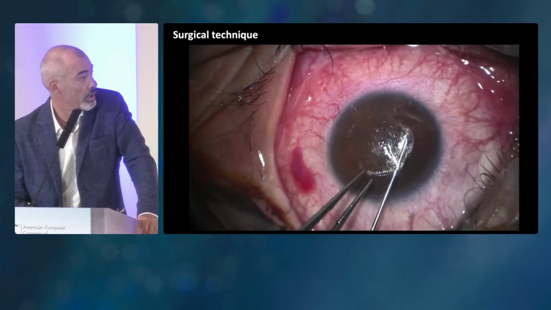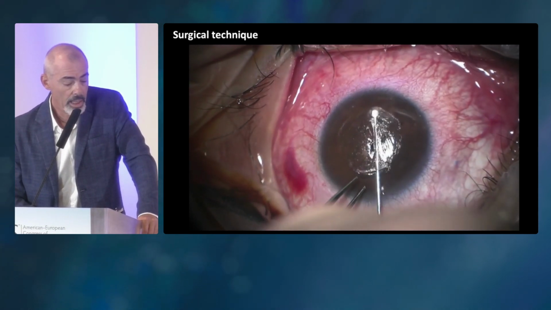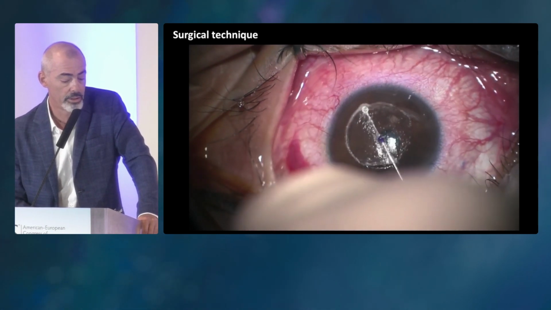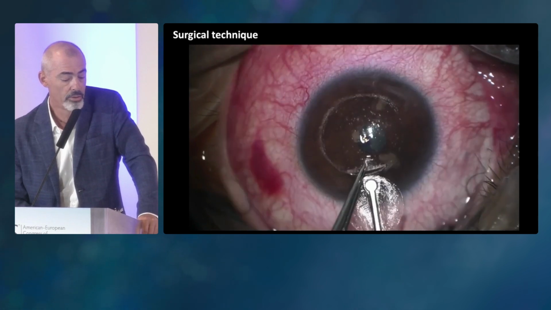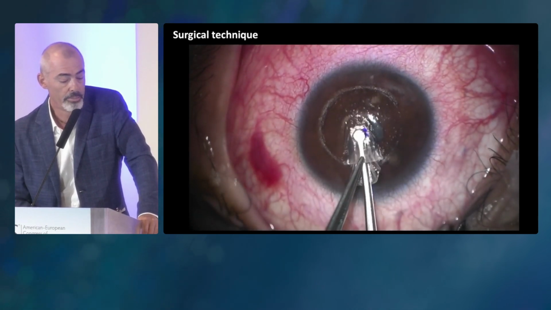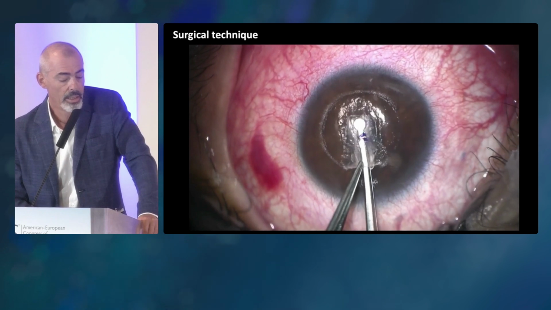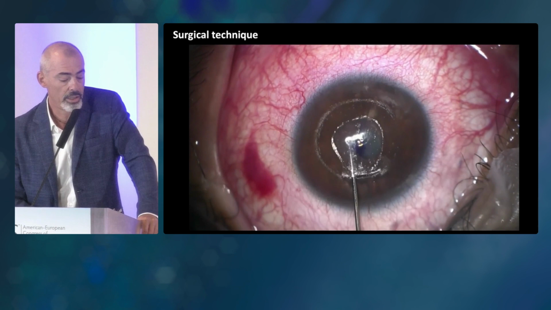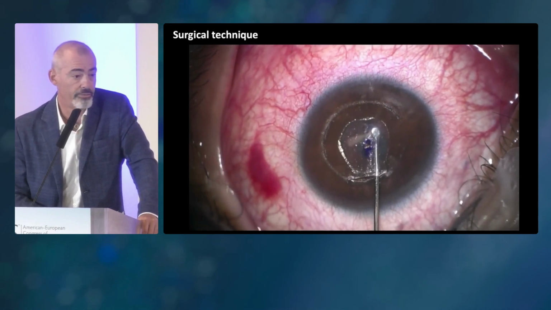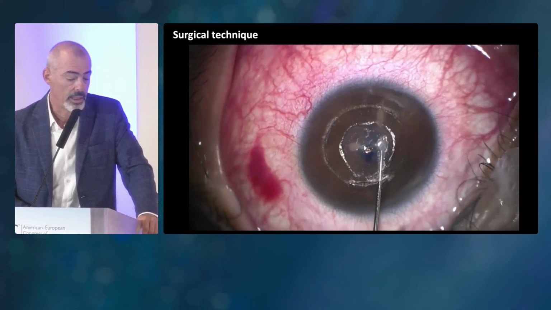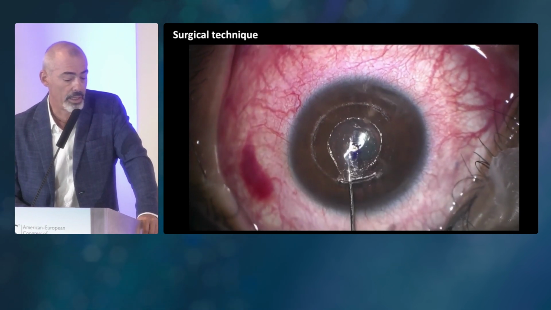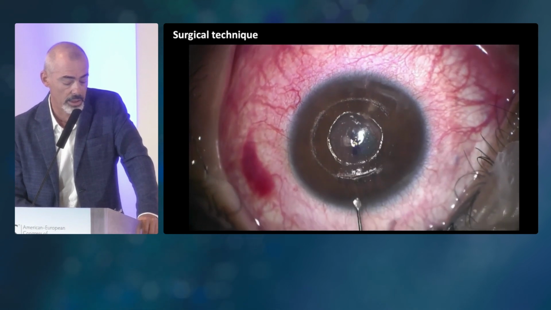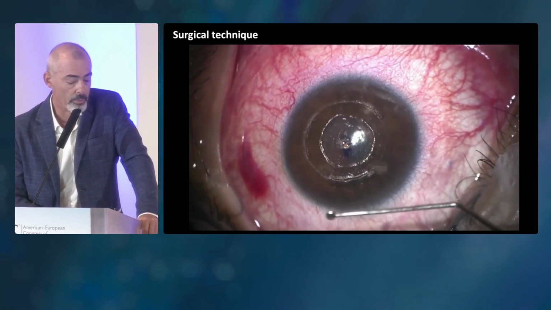We open the pocket easily, and then we insert the lenticle in the pocket using a Buratto forceps. We put the lenticle inside, then we try to center it in the ectatic area and to leave the lenticle without any folds, obviously. The procedure is done under topical anesthesia, and at the end of the procedure we put a contact lens, and that is all.